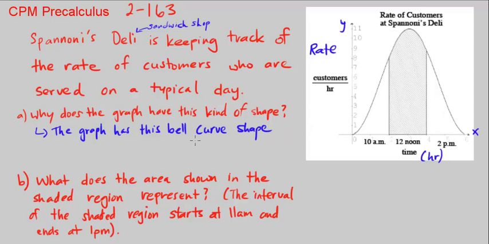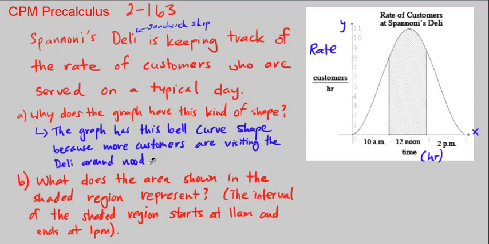The graph has this bell curve shape because more customers are entering or visiting the deli around noon, right? Around noon.